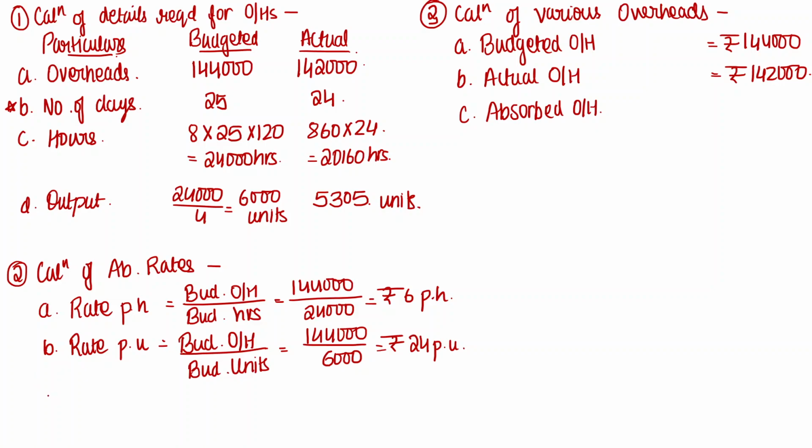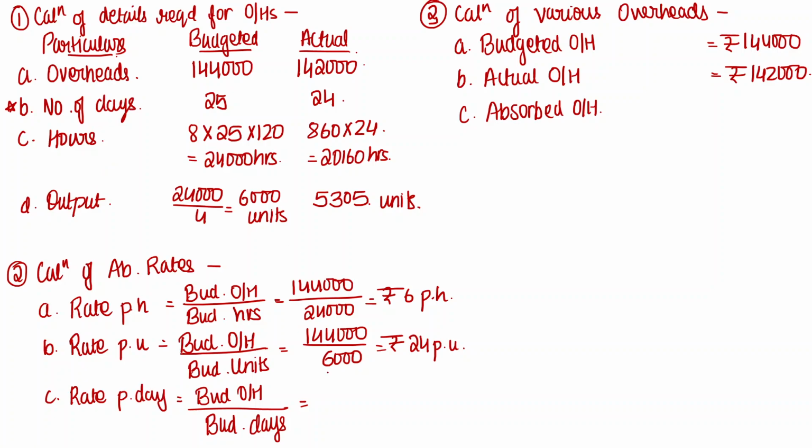Okay. Next I want rate per day. Budgeted overheads divided by budgeted days. See, in short, what did I do? This overheads, I have calculated the rate on all these three bases.